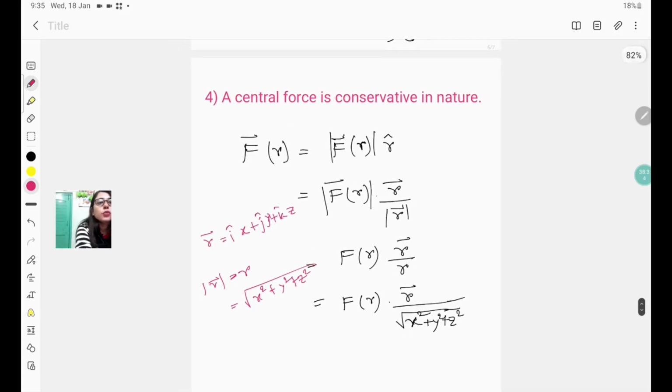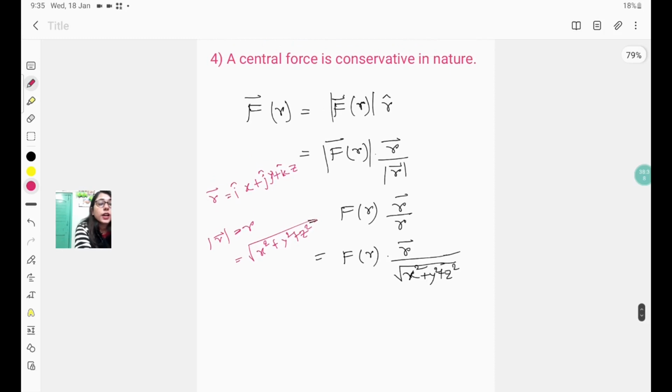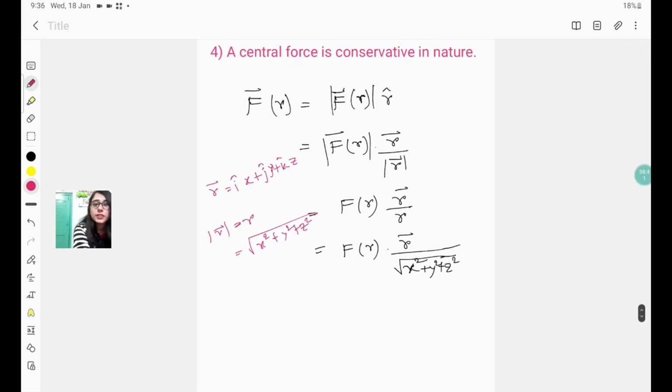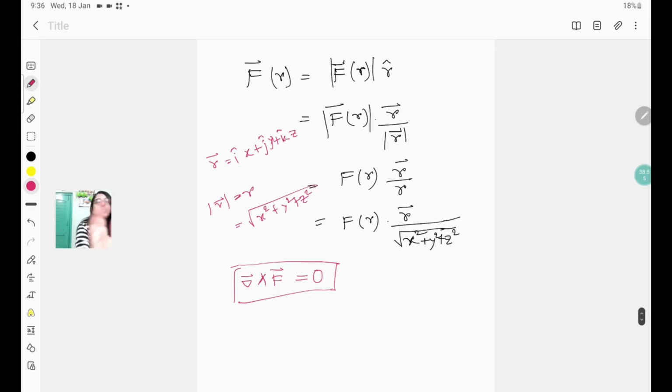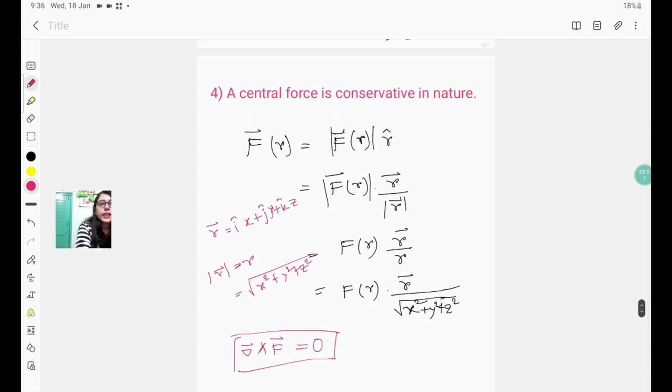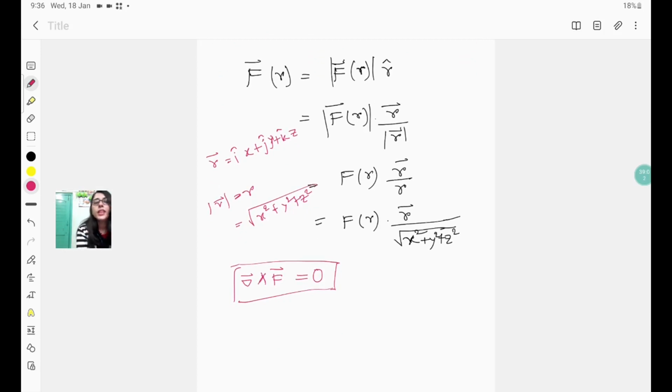Now we have to prove that the central force is conservative in nature. And how can we prove any vector is conservative? We can prove it by taking the curl of that vector. And if the curl of that vector becomes 0, then we can prove that the vector is conservative in nature, right? So, if we need to prove that the central force is conservative in nature, we have to prove del cross F, that is curl of F, is 0. Del cross operation is called a curl operation.